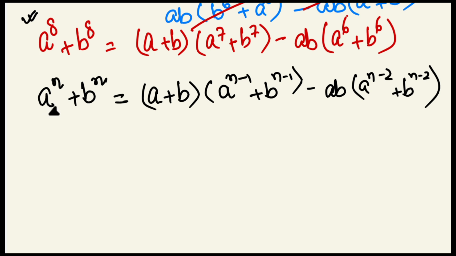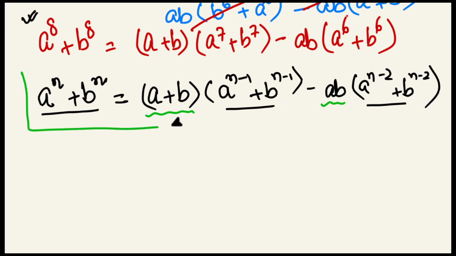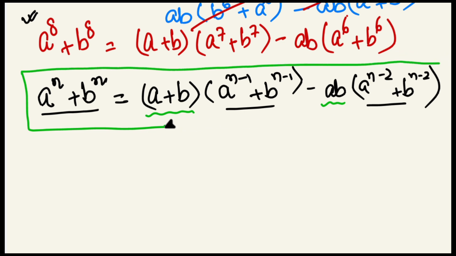So the value of the current term is depending upon the value of two previous terms. These two values are already known. This we can find. So this is the general recursive relation. And using this relation, we can find all the terms.